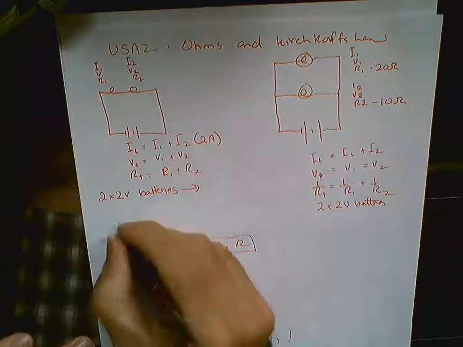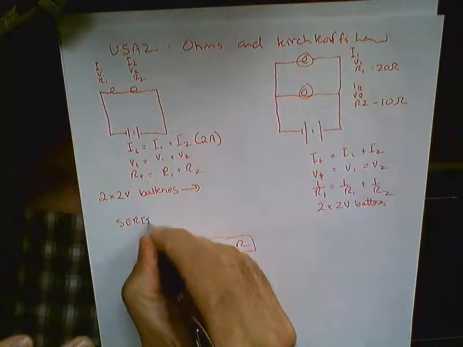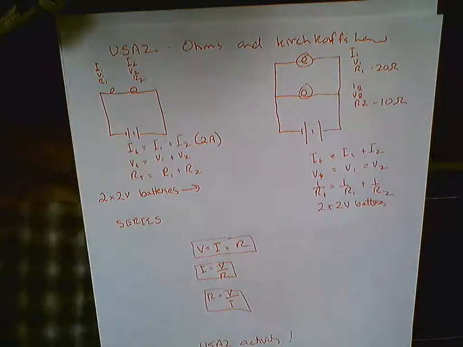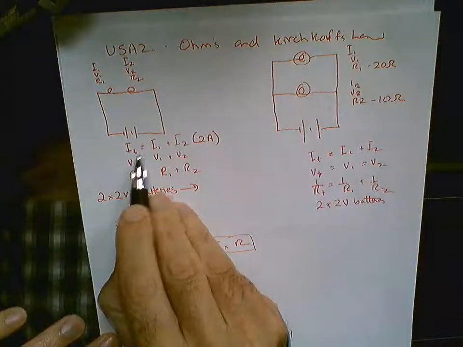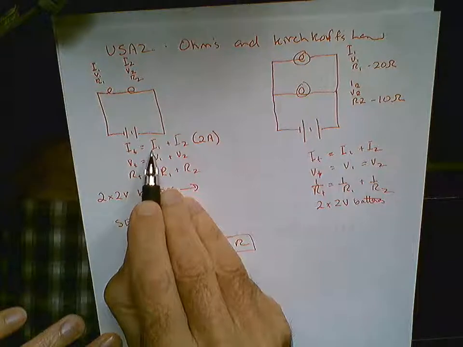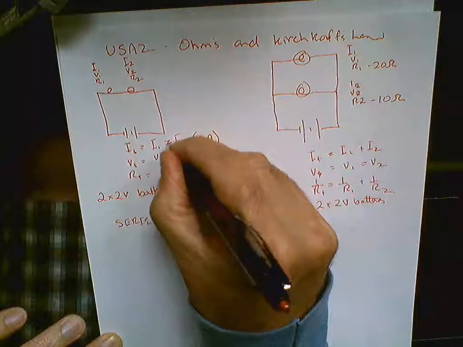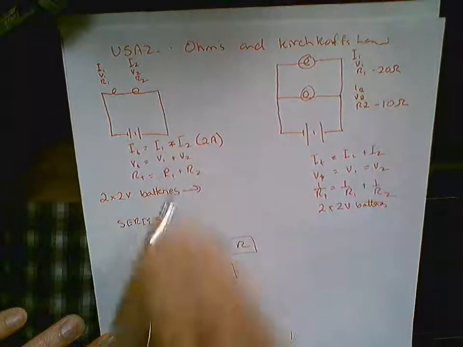So what I have here is a series circuit, and here are my rules as I go through this circuit. I total, which is amperage, equals I1 equals I2.